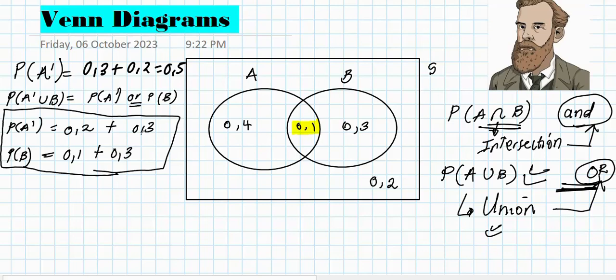So here I have a 0.3. Also here I have a 0.3. So I'm going to remove one of those so I don't count that thing twice. Now, my answer for the question is the probability of the complement of A union B. The answer to that is 0.2, which is this one, plus 0.3, which is this one, plus 0.1, which is this one.